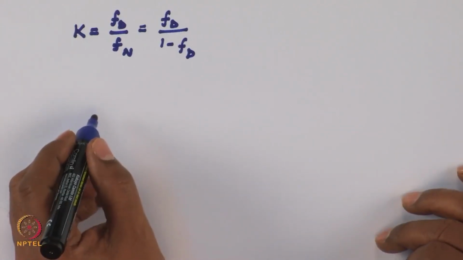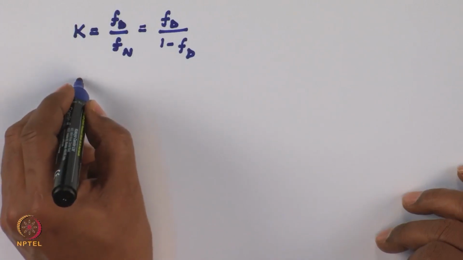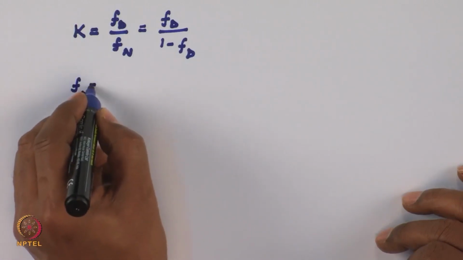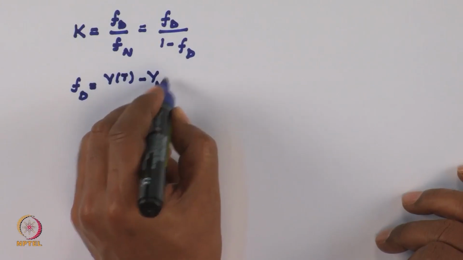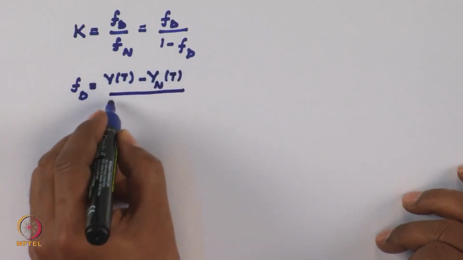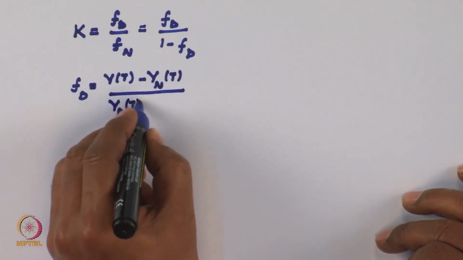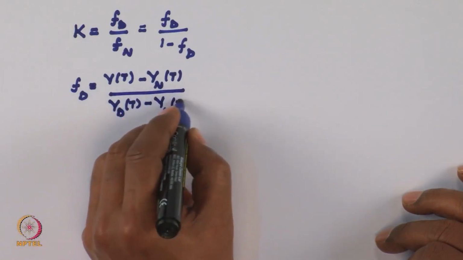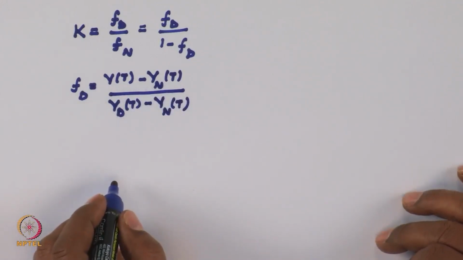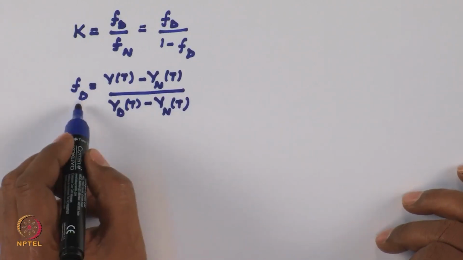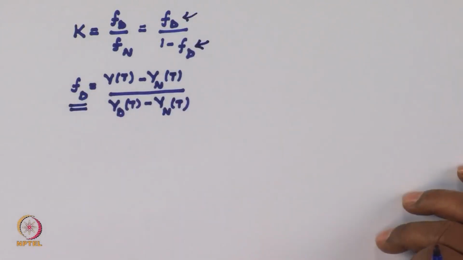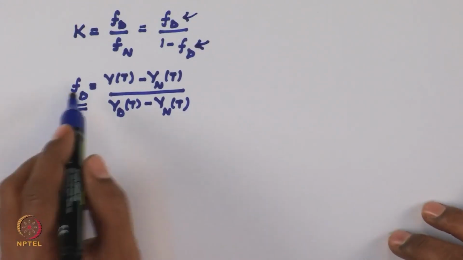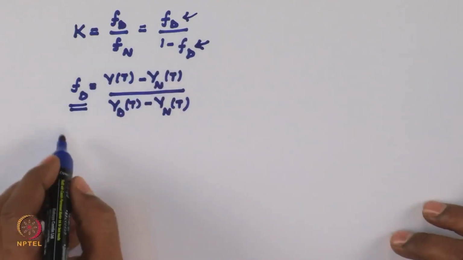And we have just discussed that Fd is equal to Yt minus Yn at T over Yd at T minus Yn at T, and this needs to be substituted over here and over here. Once you substitute this, let us see what we get.